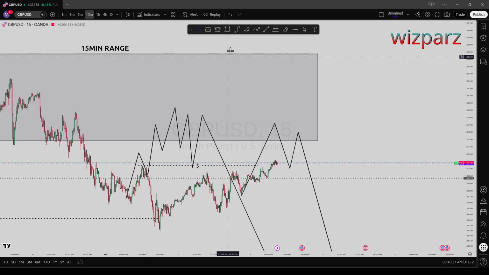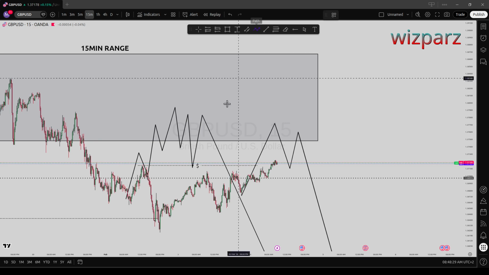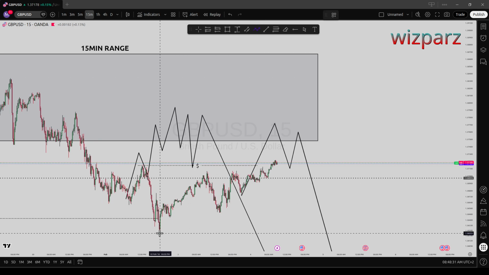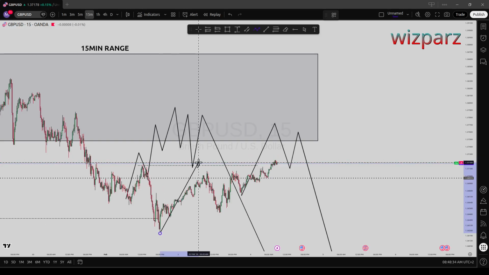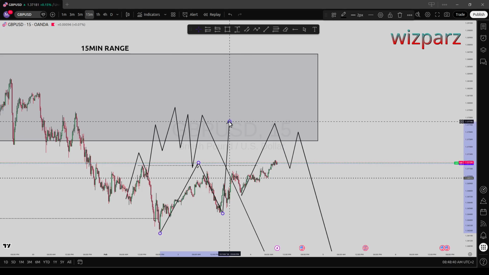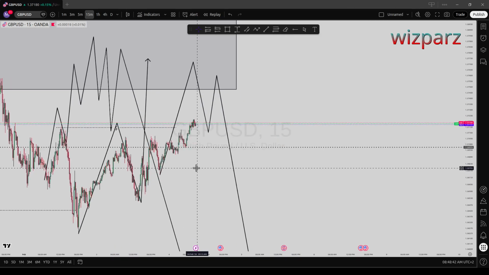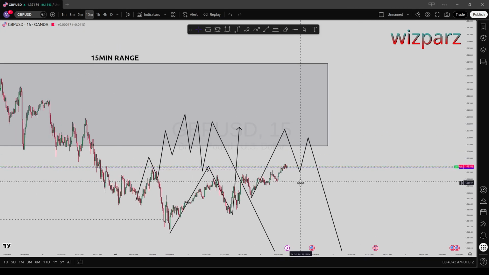But the main thing I don't like about this liquidation is that we haven't seen a big candle that represents the buying pressure.